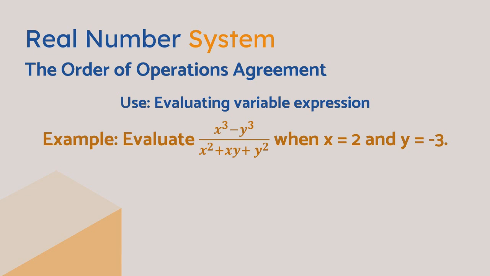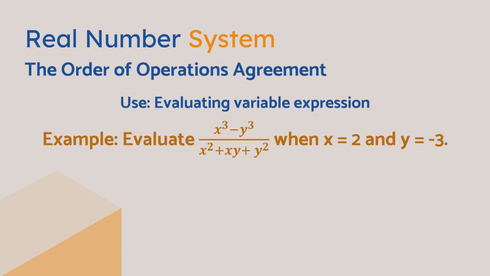Now what happens when we have an expression in a fractional form? Then we consider that the numerator has parentheses on it and the denominator has parentheses on it as well. So we do the numerator first, then the denominator afterward, and then we perform the division last. Does it violate PEMDAS? No, it doesn't, because there are parentheses on top and on the bottom.